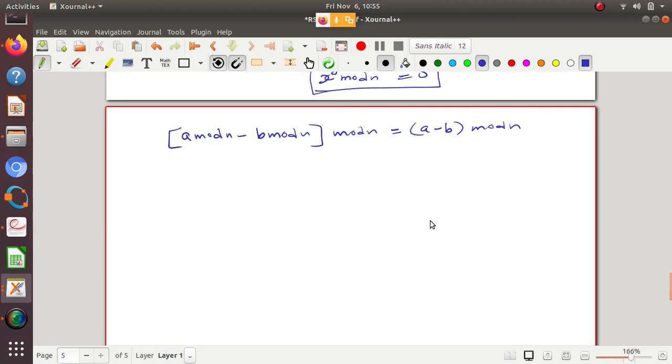(a mod n minus b mod n) whole mod n is equal to (a minus b) mod n.